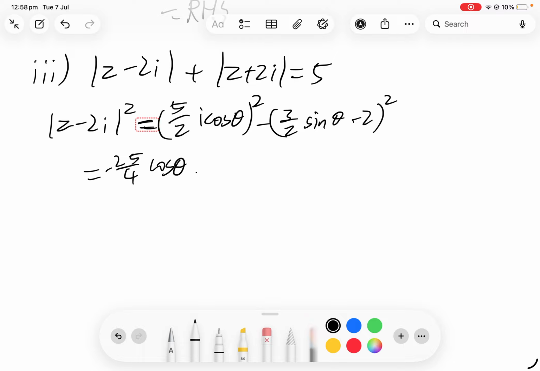And then it'll be negative 9 over 4 sine squared theta plus, it'll be negative, but then you have a negative on the outside, so then it becomes a plus.